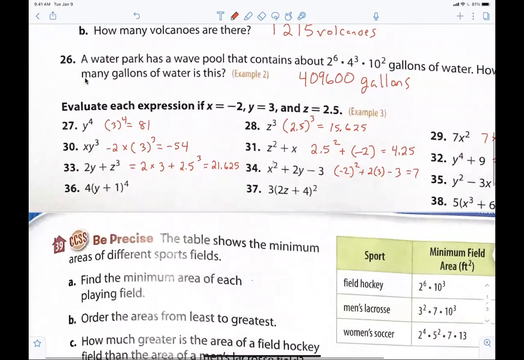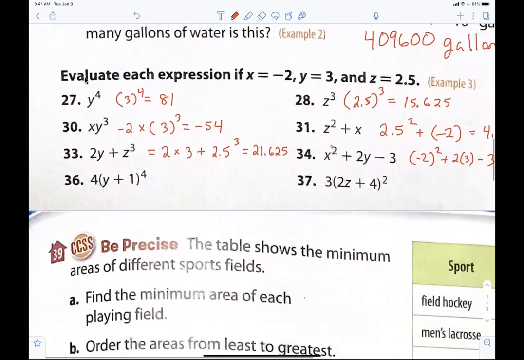All right, Miss Elliott. So it's 4 parentheses 3 plus 1 close parentheses and 4. And I got 1024. That's what I got. Yep, Jacob's up.